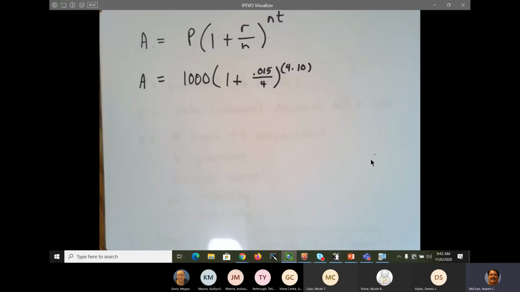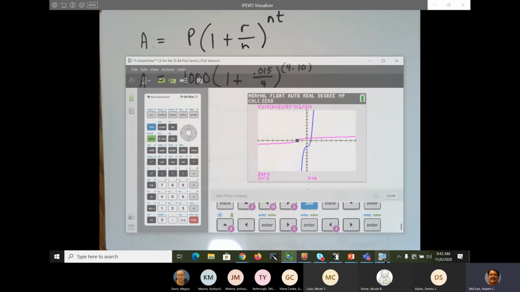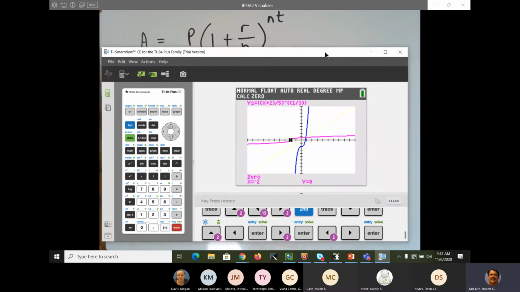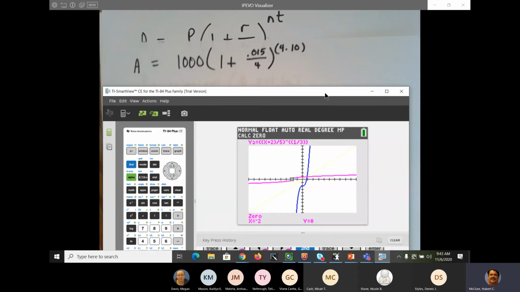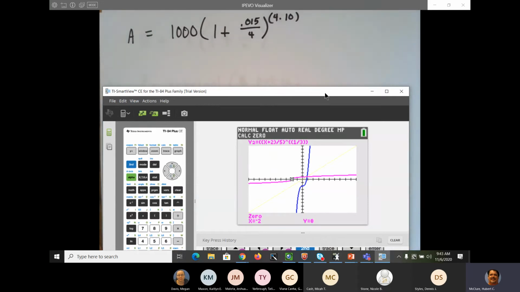Now, you shouldn't have to write anything down after that, because you should be able to take your calculator and type it in from that.